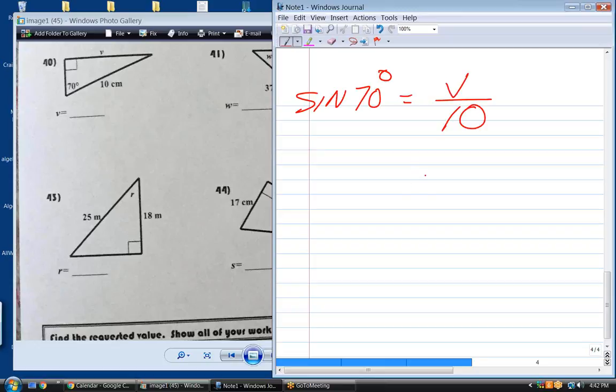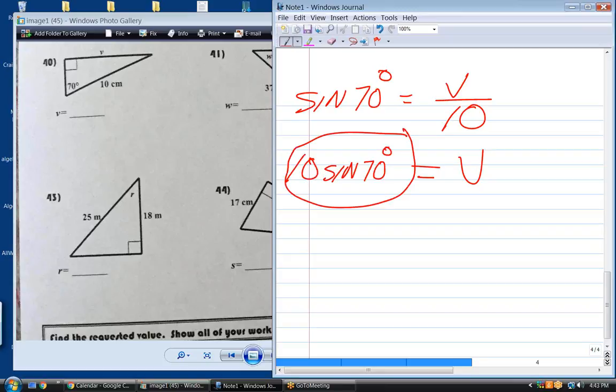Okay, so V is equal to 10 times sine of 70 degrees. And you can do that in one step on your calculator. Go ahead and type 10, multiply, and then sine of 70. Get 9.4.